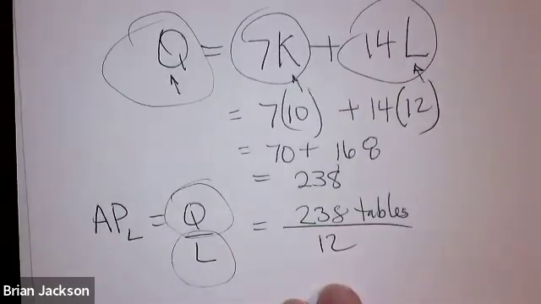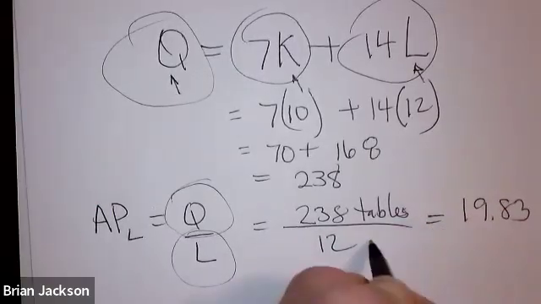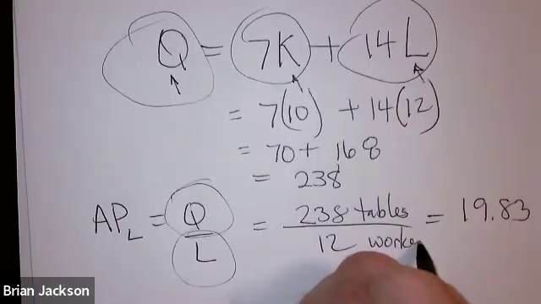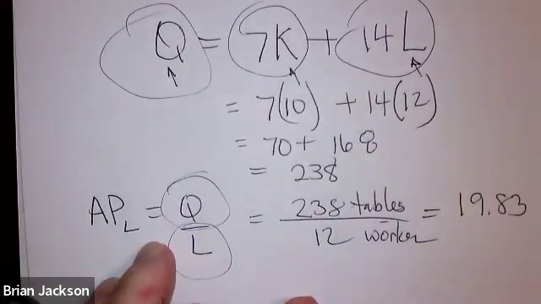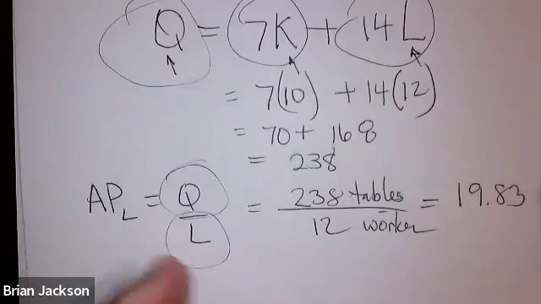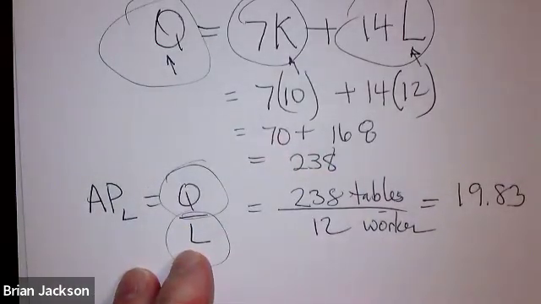If you divide 238 by 12, you get the average output per worker, which is 19.83 tables per worker. That's telling you what the average output per worker is. And you can find the average product of capital as well, where you get tables per machine and so forth.